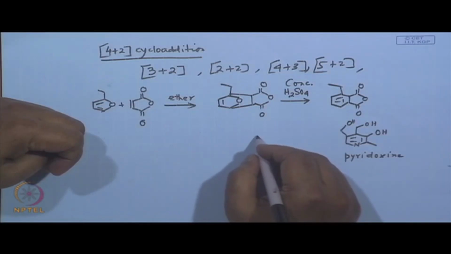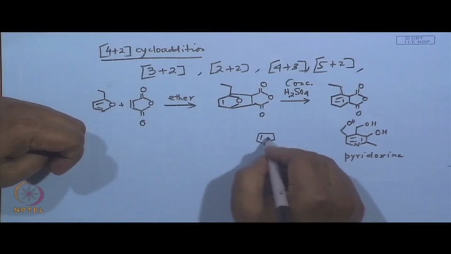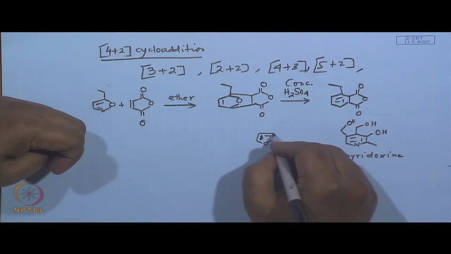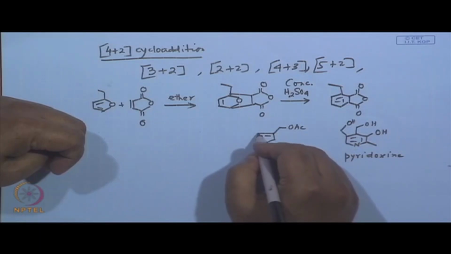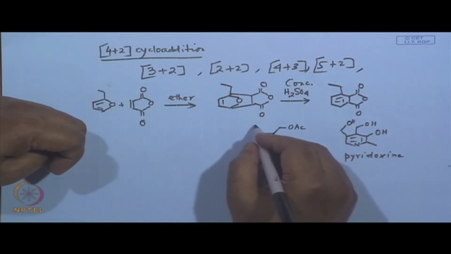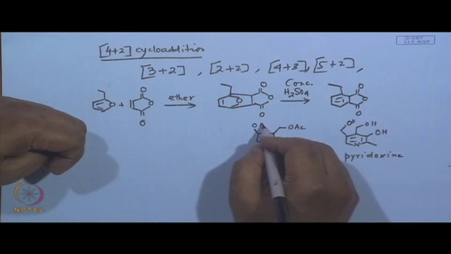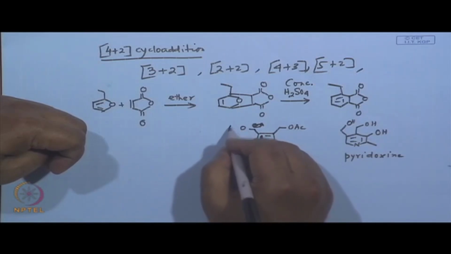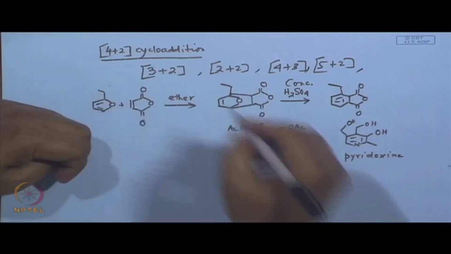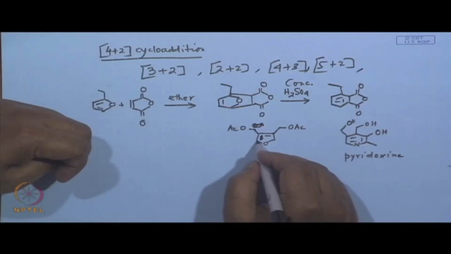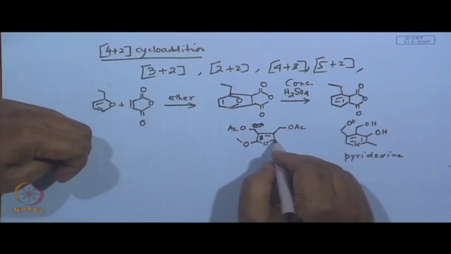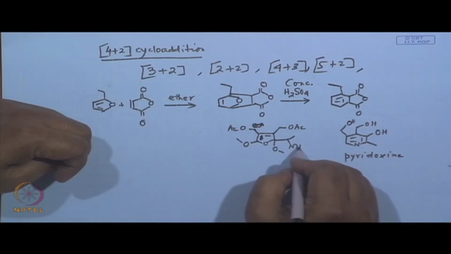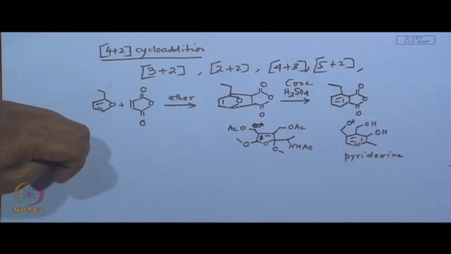For example, if we can make a furan kind of molecule here, with acetate, again acetate here, OMe, OMe, and this is NH and acetate.